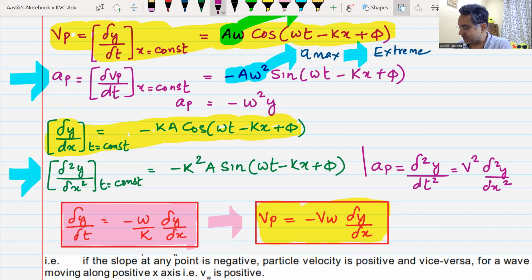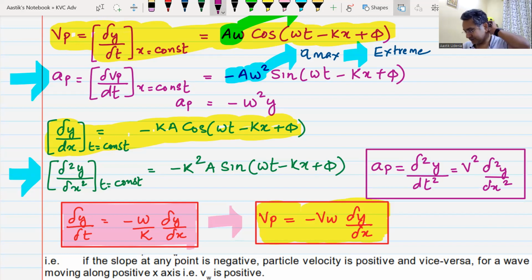That is the relation that we get between acceleration and del 2y by del x square.